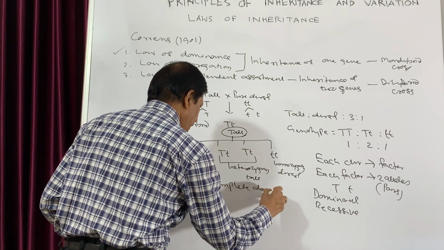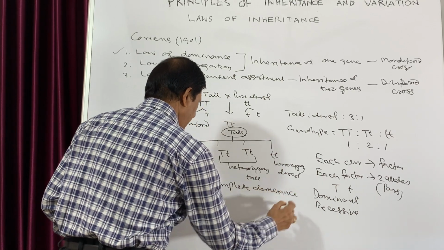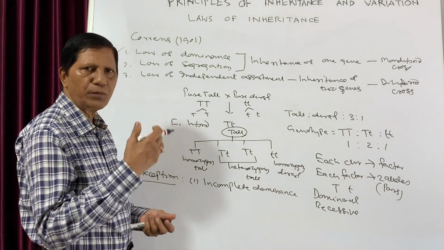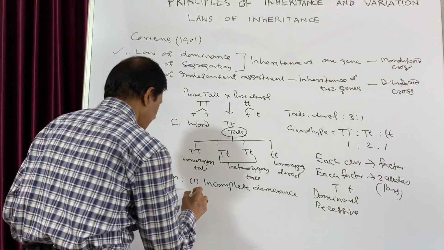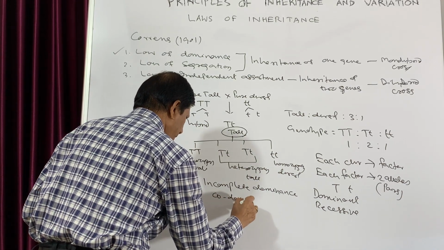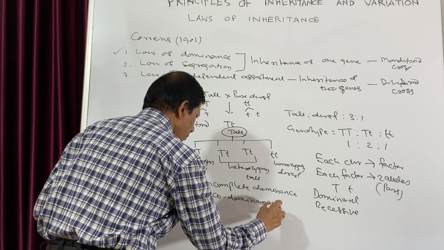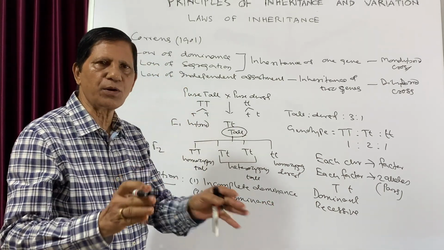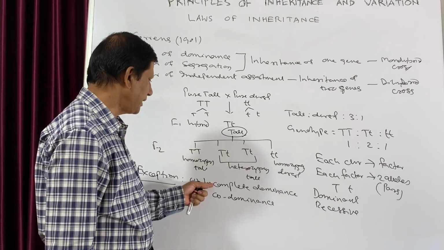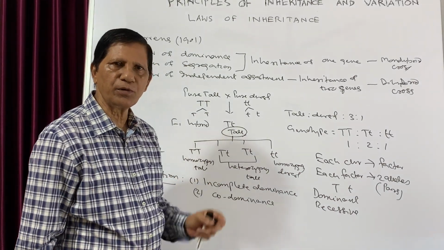In case of incomplete dominance, none of the alleles is dominant over the other. And the second exception is codominance. In case of codominance, both these alleles express themselves equally, which we'll discuss in later videos. But these two are exceptions to the law of dominance.